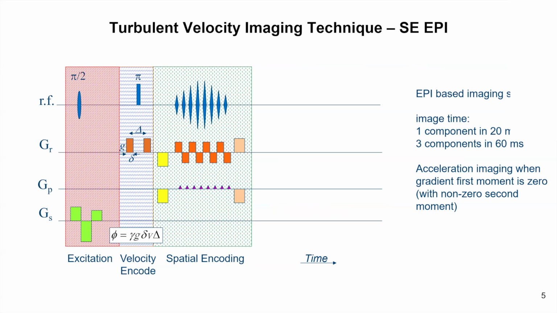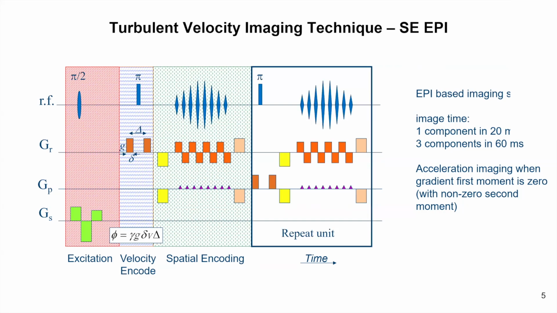The nice thing is that after that, if your T2 is long enough, you can have a repeat unit and acquire many images with subsequent velocity encoding on those. If you change the direction of the velocity encoding, you get, for example, three different velocity components, so you completely describe the velocity at each different point in space.